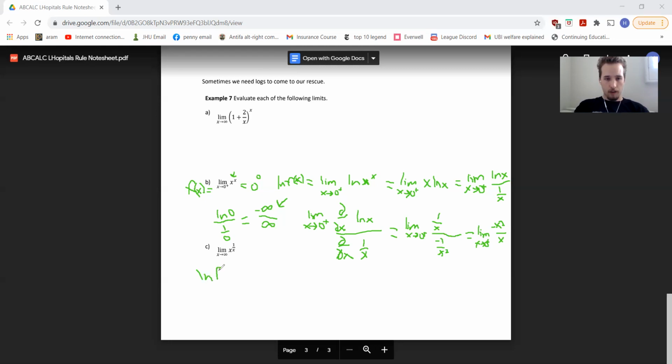And so again, you took the natural log of the whole function. These cancel out. You're left with a negative x. Just making sure I did everything right in my notes so far.